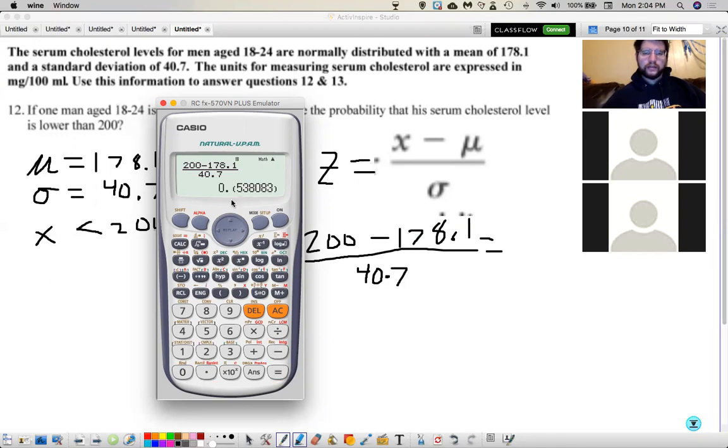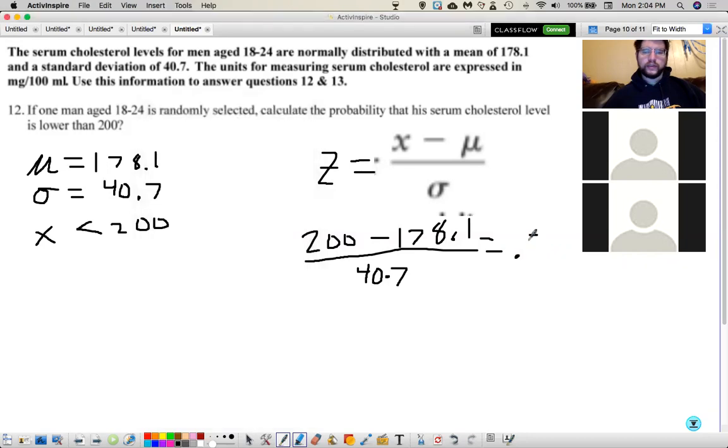And I get 0.54. I'm only going to go to 2 decimal places because that's on the chart, right? So 0.54. And I want less than 200, so that's the area to the left of that.